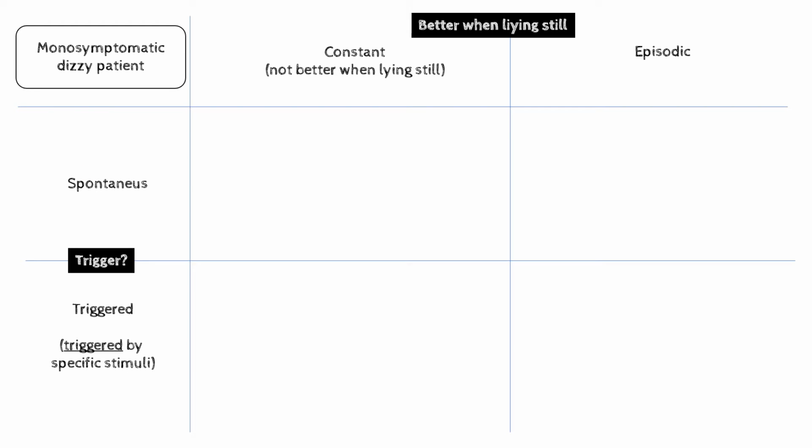And in this way, you have 4, but actually just 3 important dizziness syndromes. The first one would be the spontaneous AVS. You don't usually call it spontaneous AVS; you just call it AVS, implied that it is spontaneous. You have your triggered episodic vestibular syndrome, which is characterized by being episodic, meaning that it comes and goes, but it comes and goes with a specific trigger.